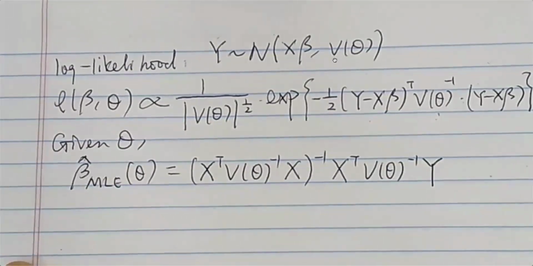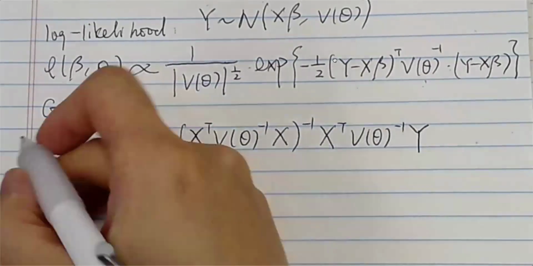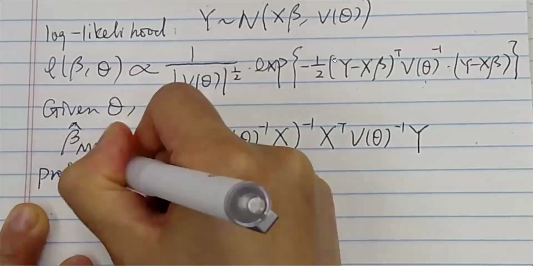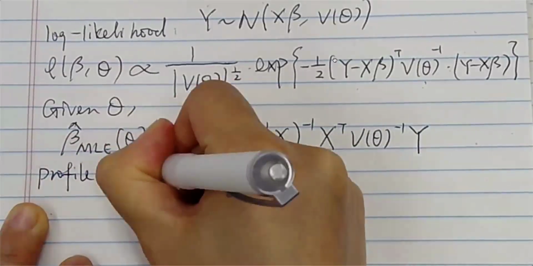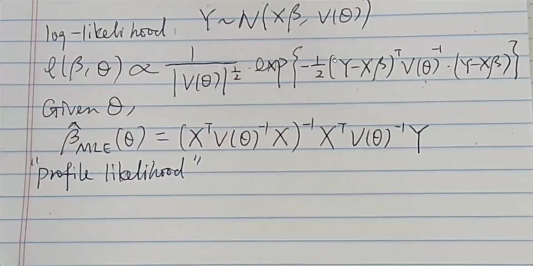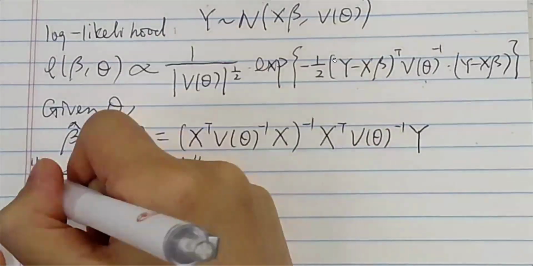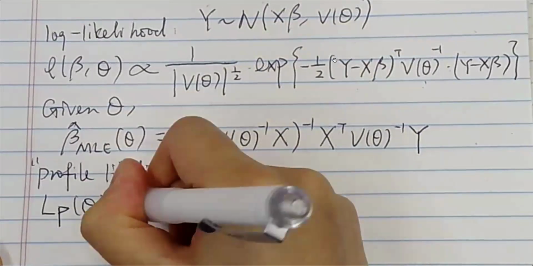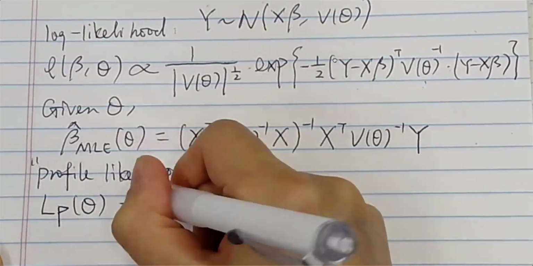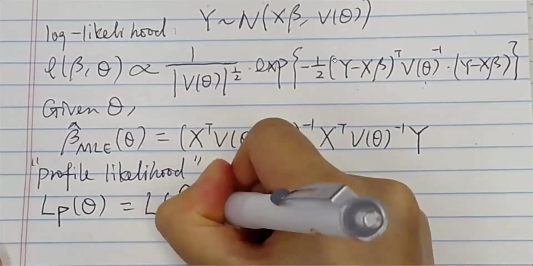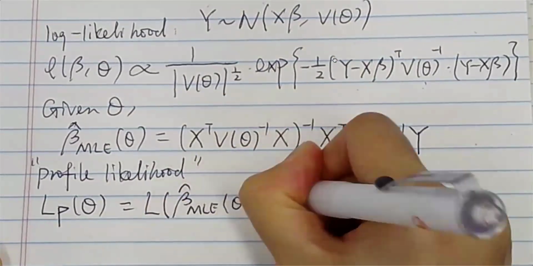This is called the profile likelihood, which means that we already take the MLE of beta given theta and put that back. We call this L_P, for profile of theta, written as the likelihood with beta plugged in as beta hat MLE at theta, and theta.